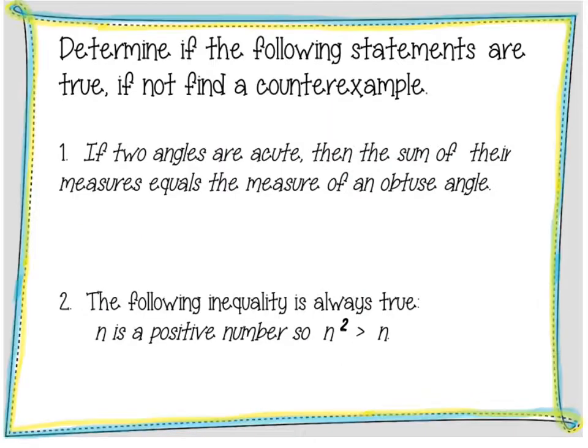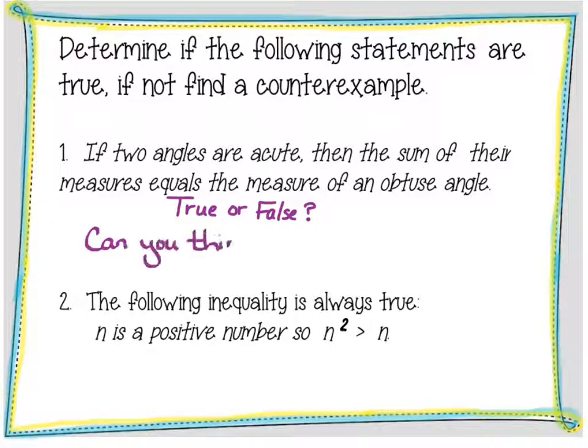So let's take a look at these statements. If we have two angles that are acute, then the sum of their measures equals the measure of an obtuse angle. Okay, that's the conjecture. Now all we have to do is to determine whether or not that's true or false.